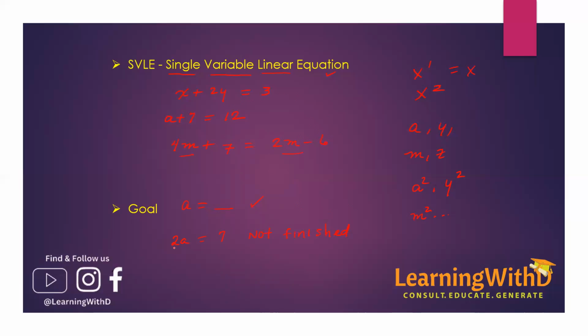This has 2 on it with the a. That is not by itself. If I have minus x is equal to 12, no, I am not finished, because I want to see x is equal to something, not minus x. It means there's more work to go. So our goal is to get the variable on the side by itself being equal to something.